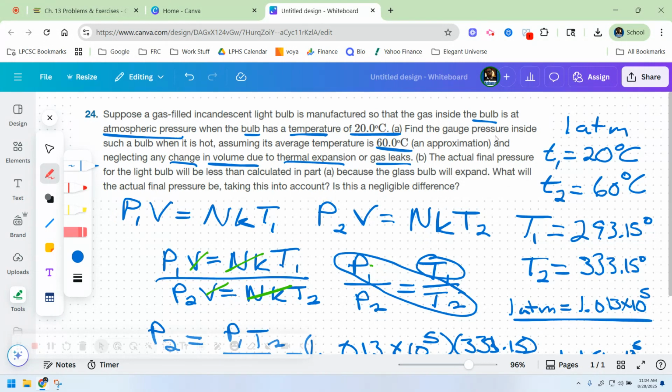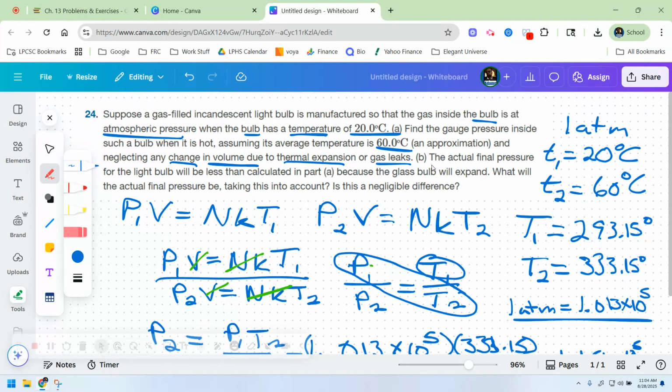Find the gauge pressure inside such a bulb when it's hot, assuming that the average temperature is 60 degrees Celsius. Really hot. And neglecting any change in volume. They're saying that there is no volume change due to thermal expansion or gas leaks, right? So they're assuming all the gas is trapped in there.